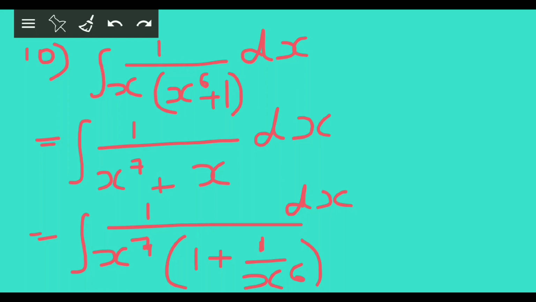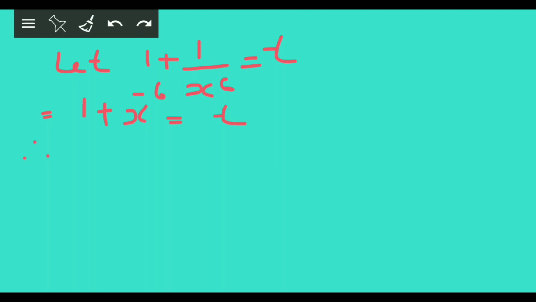Then we substitute 1 plus 1 upon x raised to 6 as t. So let 1 plus 1 upon x raised to 6 be equal to t. We can even write this as 1 plus x raised to minus 6 as t, so that it becomes easier to find the derivative. Okay. So when we differentiate both the sides, the 1 goes away.